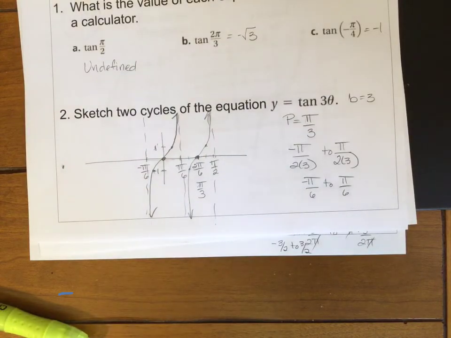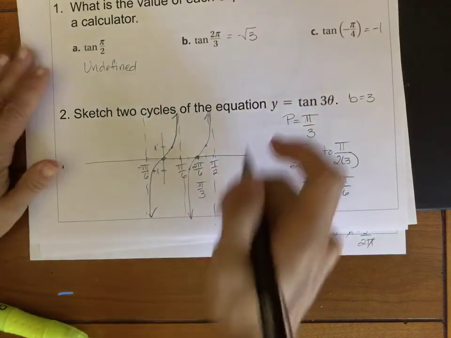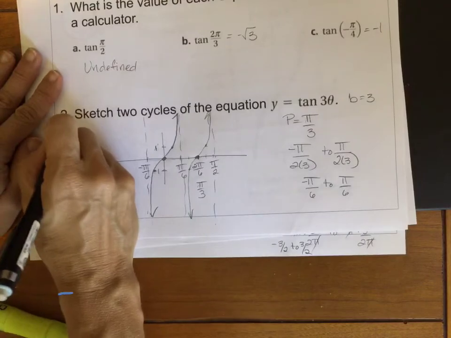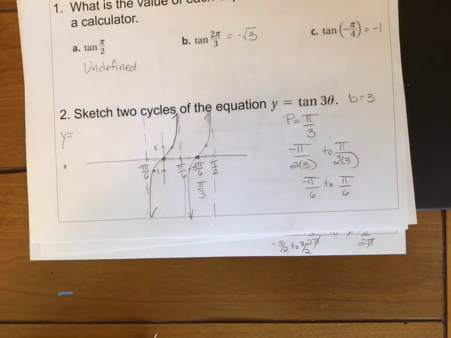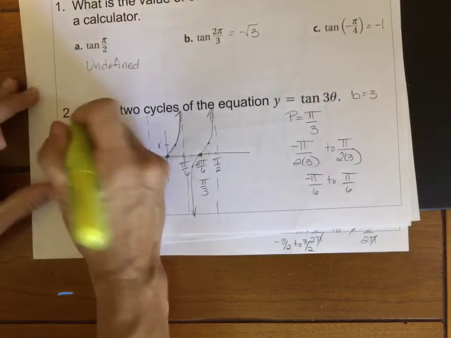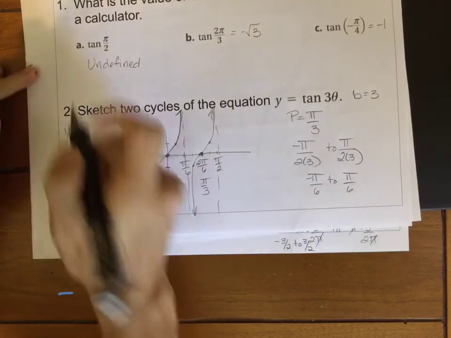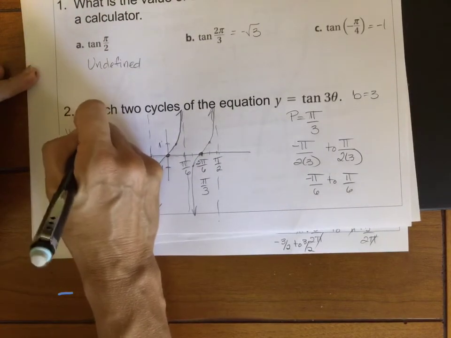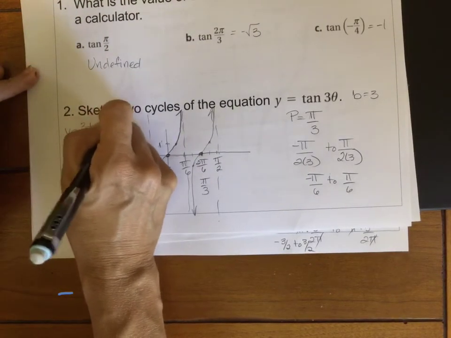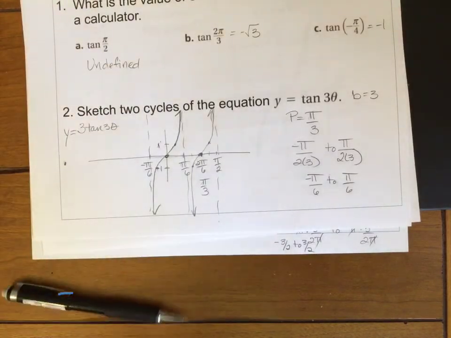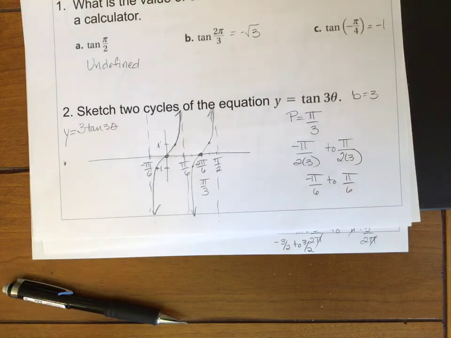All right, what if this was y equals 3 tangent of 3 theta. So my vertical asymptotes aren't going to change. My zeros aren't going to change.